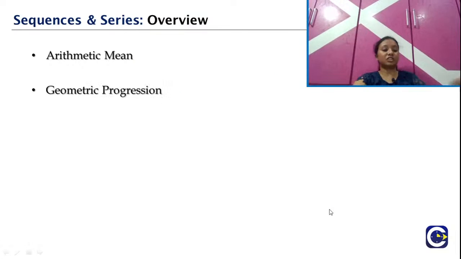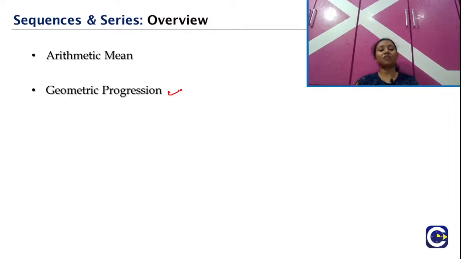With that, we have almost finished our arithmetic progression concept, and we started discussing geometric progression. We saw the definition of geometric progression, the terms and terminology involved, and the nth term, or last term, of a typical geometric progression.